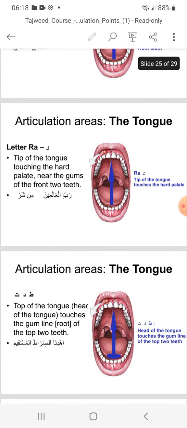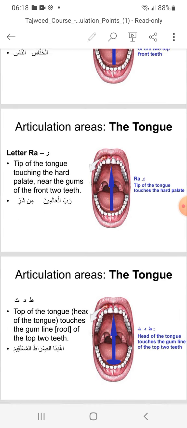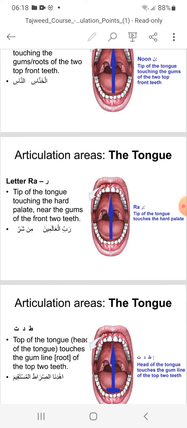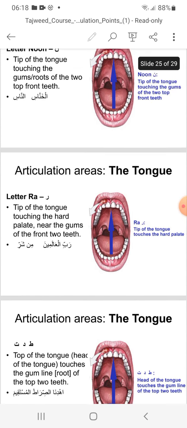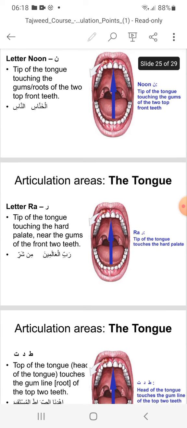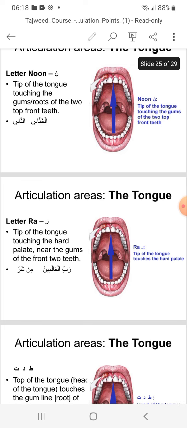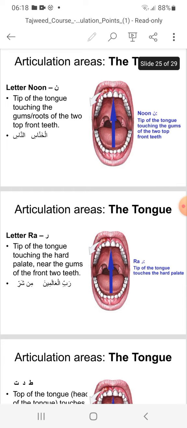Those people press very strongly when they want to do the heavy ra. We know that in order to produce the heavy ra, you should put the tongue in the place of the ra, as we did now, and lift the tongue from the back in order to produce a heavy sound. But when they lift it from the back, they do that very strongly. And that's why it produces ghar instead of ar.